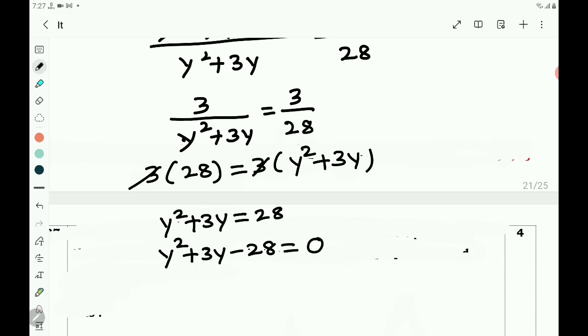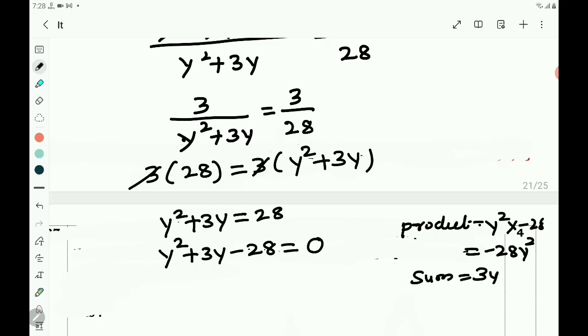Here you find the value of y by splitting the middle term, means by the method of factorization. Then you take the product, y square into minus 28, which equals minus 28 y square, and sum equals 3y.